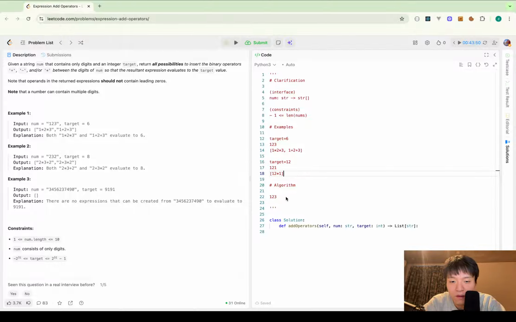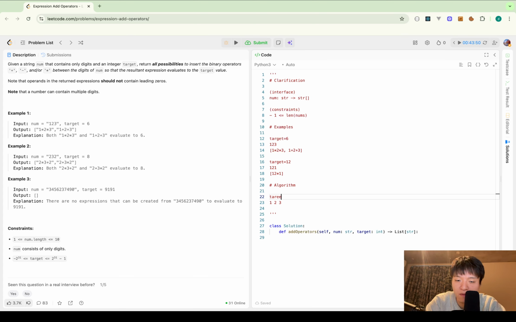So if I have 1, 2, 3, and the target is 6, because the multiplication has to be done first, if I put multiplication somewhere like this, it should be considered first.